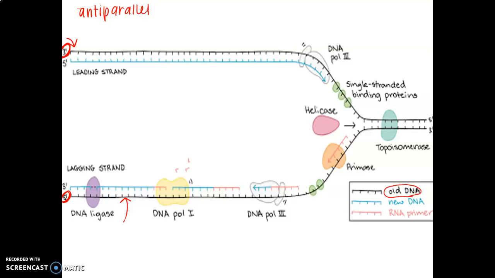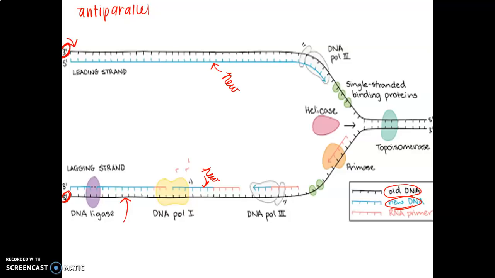So we always have to maintain that anti-parallel nature even when we are replicating the DNA. So the new strands that we're building, which are being shown in blue, are the new DNA that's being made. Those new strands are also going to have to maintain that 5' to 3' nature that we've talked about.